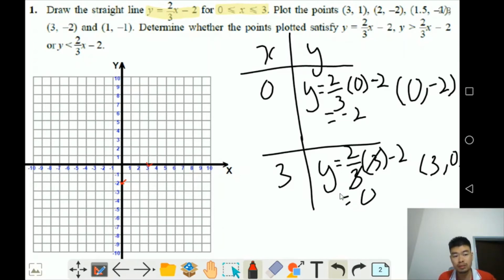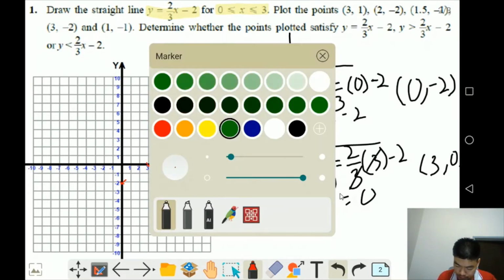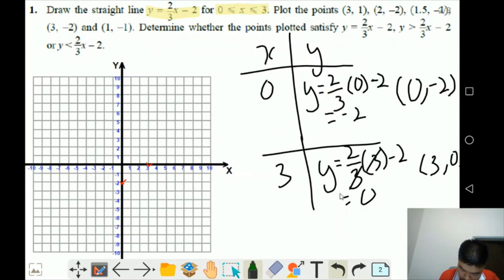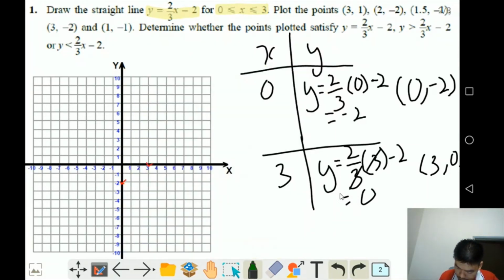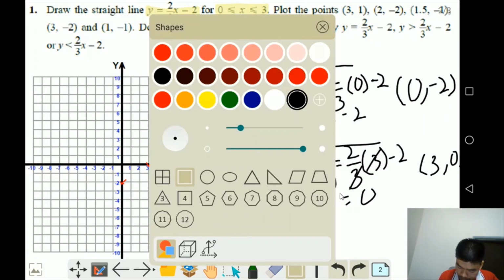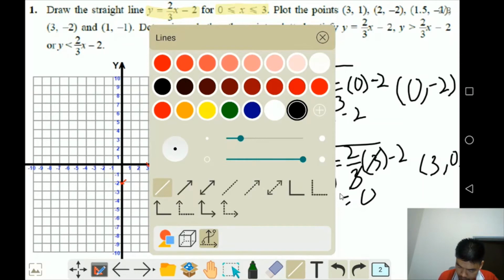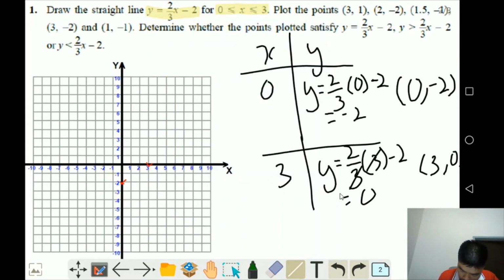Join them together. I'm going to use the green line to join them together. There you go.